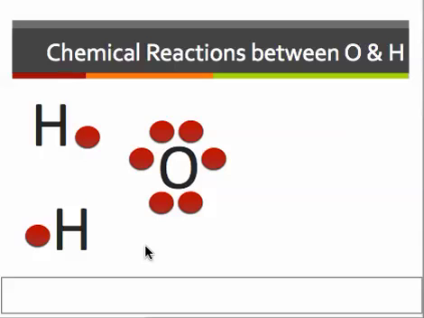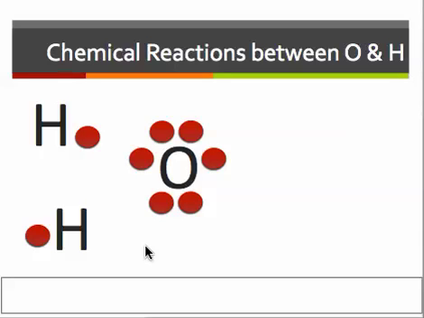It does not strictly follow the octet rule, with octet meaning 8. Oxygen needs 2 electrons. And so you probably can already see where I'm going with this demonstration. But it's a little bit different with the sodium chloride.